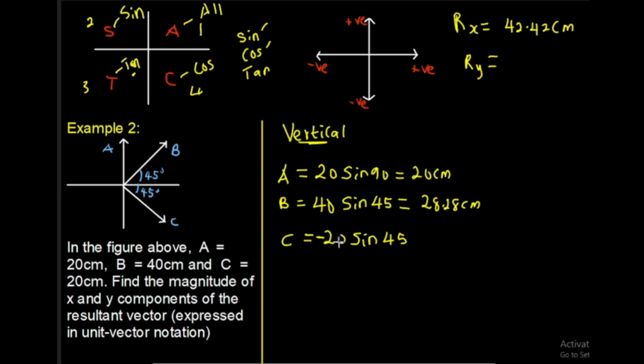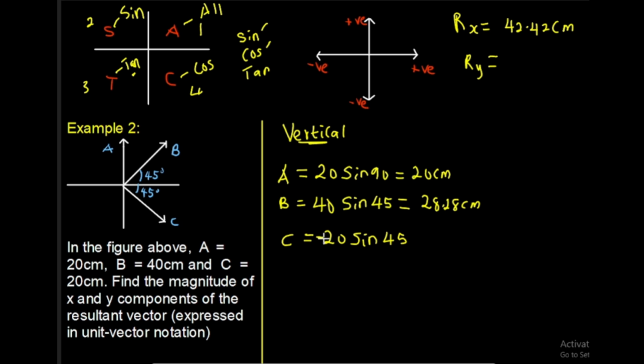If it were to be positive, we don't attach any sign here, because when you don't attach any sign, it's the same thing as saying it is positive. But if it's negative, you must put a minus sign. So you can see in this case, this vector is in the fourth quadrant, and we are using sine in this fourth quadrant. All right, and sine in the fourth quadrant is negative because only cos is positive.